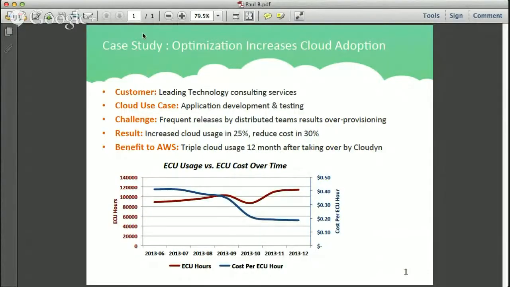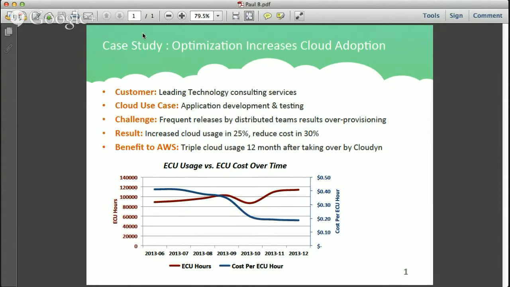Okay. So the title of the slide is a case study: optimization increases cloud adoption. It's a real case study from probably one of the leading technology consultancy services in the world. They use the cloud for application development and testing. To make a long story short, I want you to take a look at the graph.